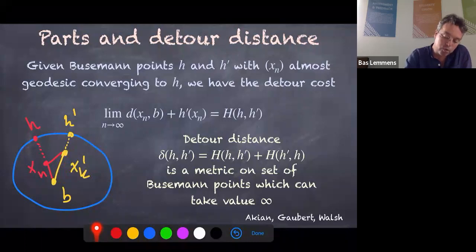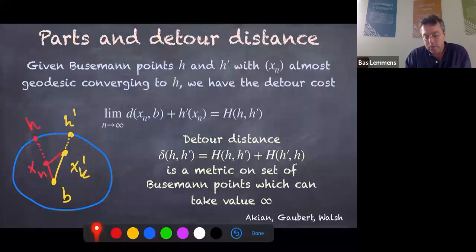Then we push xk prime towards h prime, and we get a number. This number can potentially be infinite, but it does exist, and it can be shown to be independent of the almost geodesic, as long as we have these Busemann points.